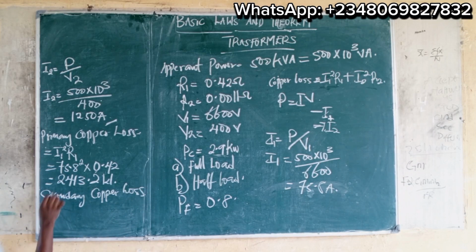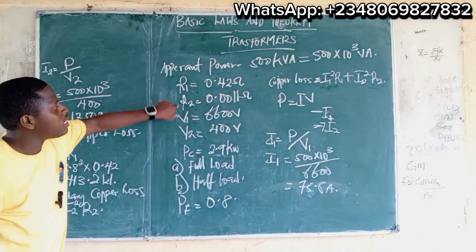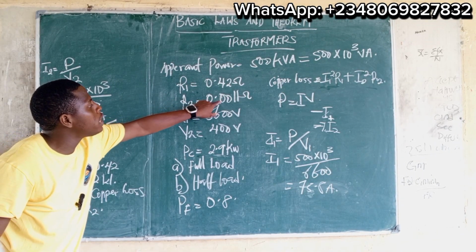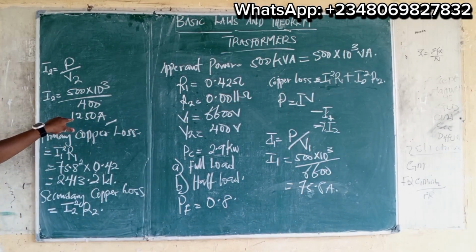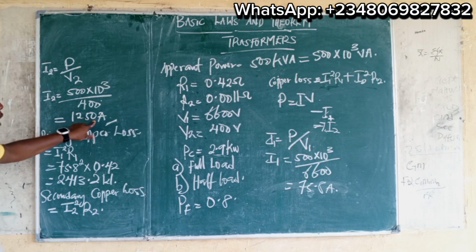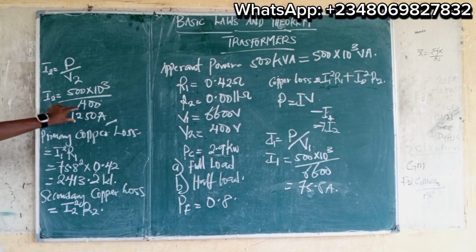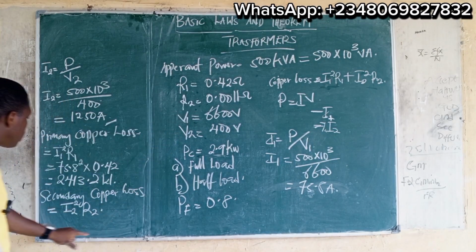Now, to get our secondary copper loss, we'll use I2 square R2. We've gotten our current, and we know our second resistance. The second resistance here is 0.0011 ohms. And we know our I2 to be 1250 amps. So let's substitute these values into this equation.